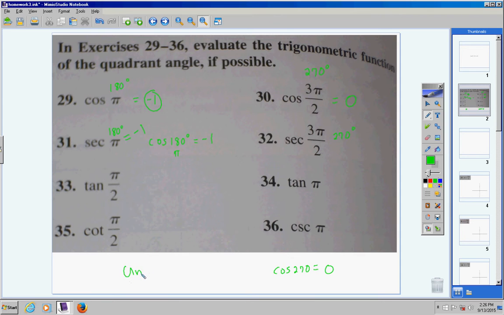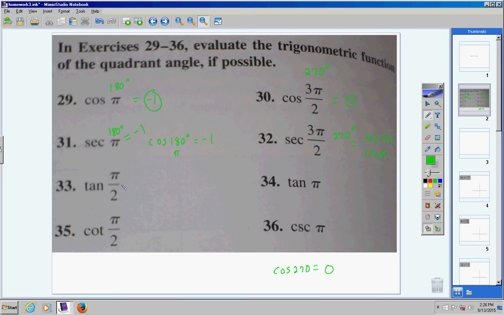So in other words, undefined and 0 are inverses of each other when you're dealing with quadrant angles and trig functions. So, having said that, I'm trying to find the secant of 270, but there's no secant button, so I find cosine of 270, which is 0, then find the inverse of 0, which is undefined or no solution. Undefined or no solution, okay?